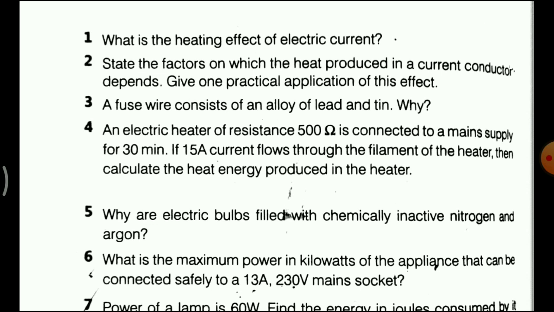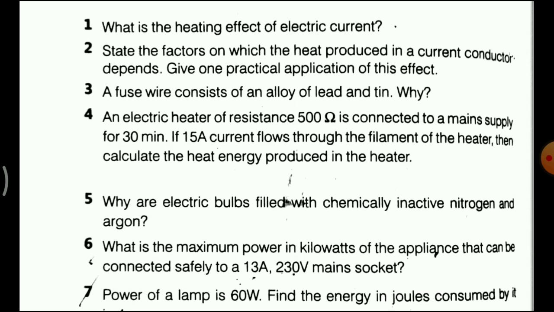Coming to the homework. What is the heating effect of electric current? Second, state the factors on which the heat produced in a current conductor depends. Give one practical application of this effect. Third, a fuse wire consists of an alloy of lead and tin.